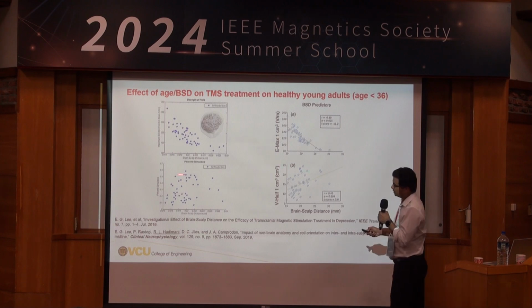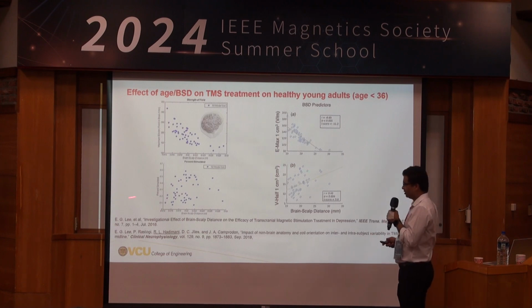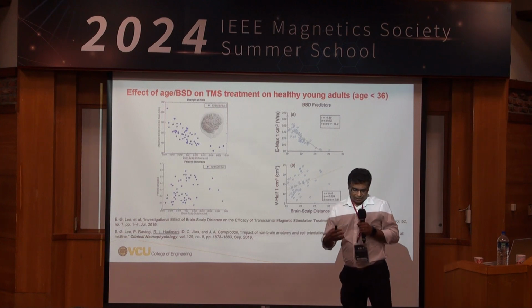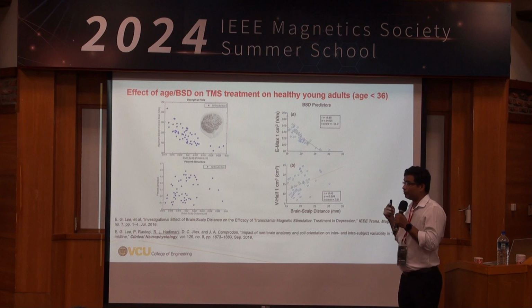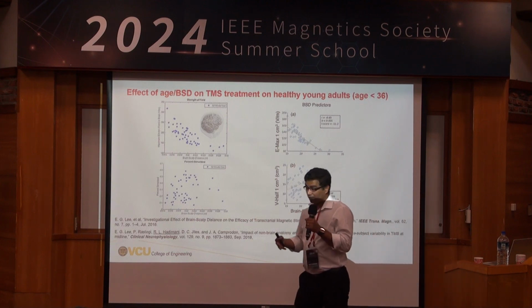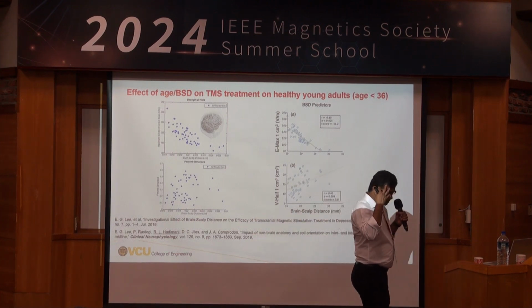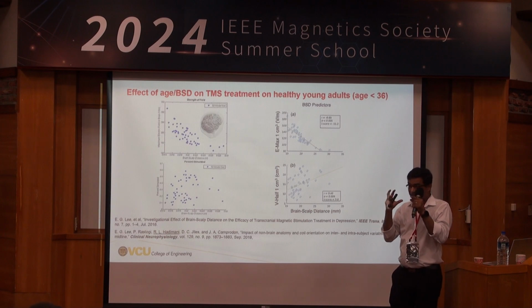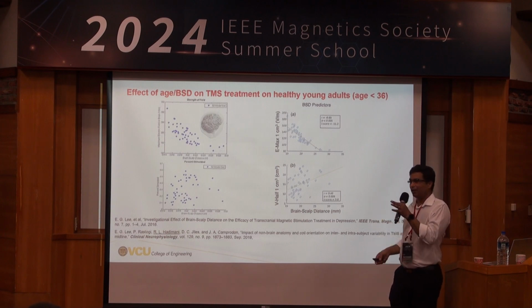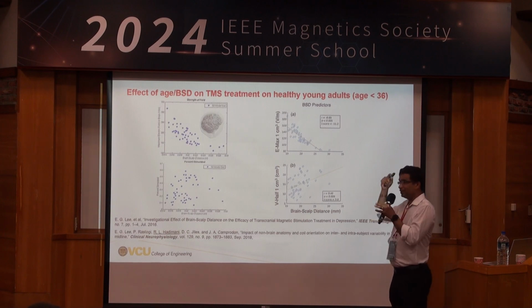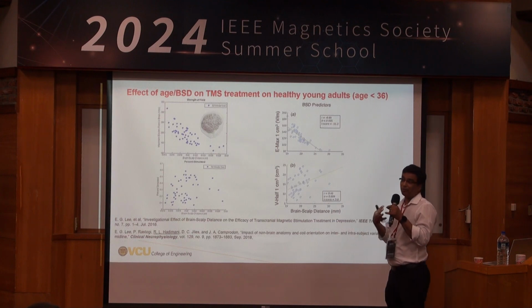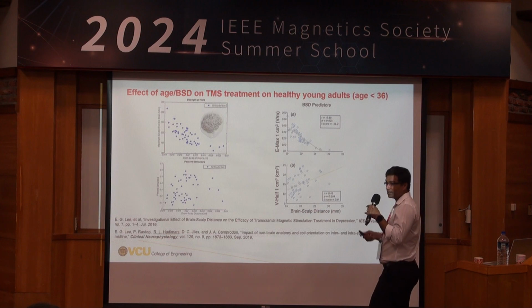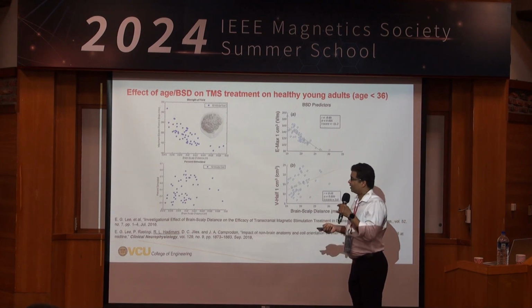And if you look at the volume of brain, what happens is, again, in another study, as people age, there is brain atrophy. So the size of the brain decreases a little as people age, and the brain-scalp distance increases. So the older people will need higher stimulation intensity.